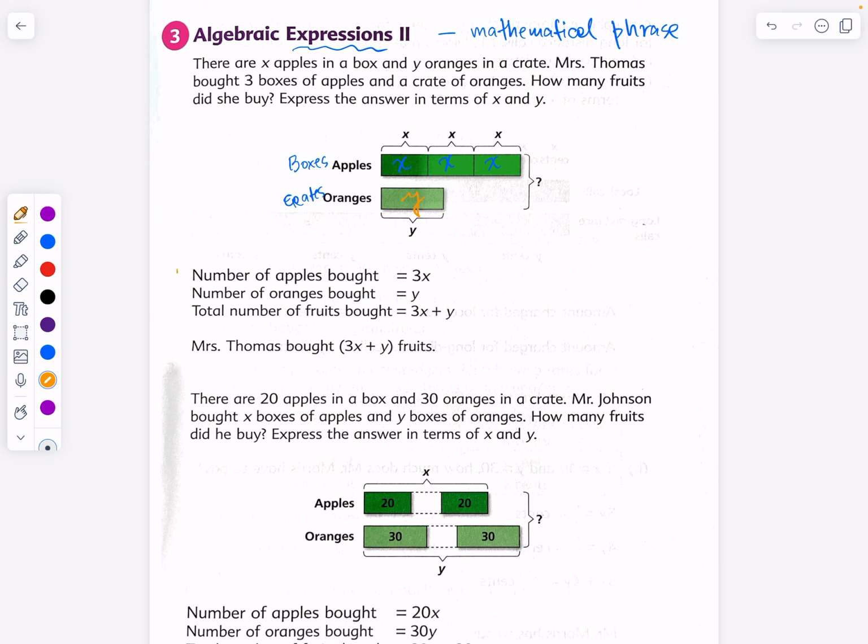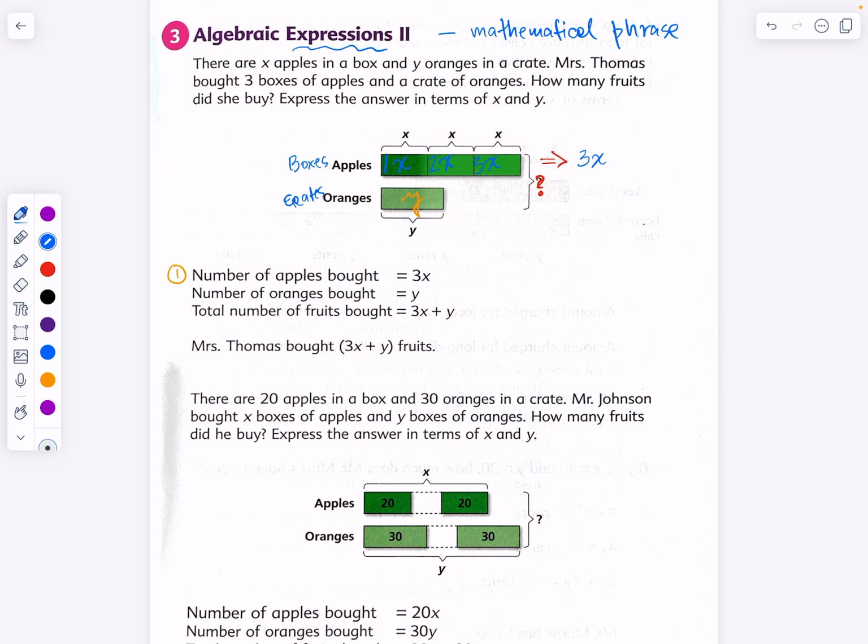Step 1, let's break this problem down. How many fruits did she buy? All together, oranges and apples, how many pieces of fruit did she buy? First, how many total apples did she buy? X 1 time, X 2 times, X 3 times. We can say 1X, 2X, 3X. All together in 3 boxes, there's 3X apples.